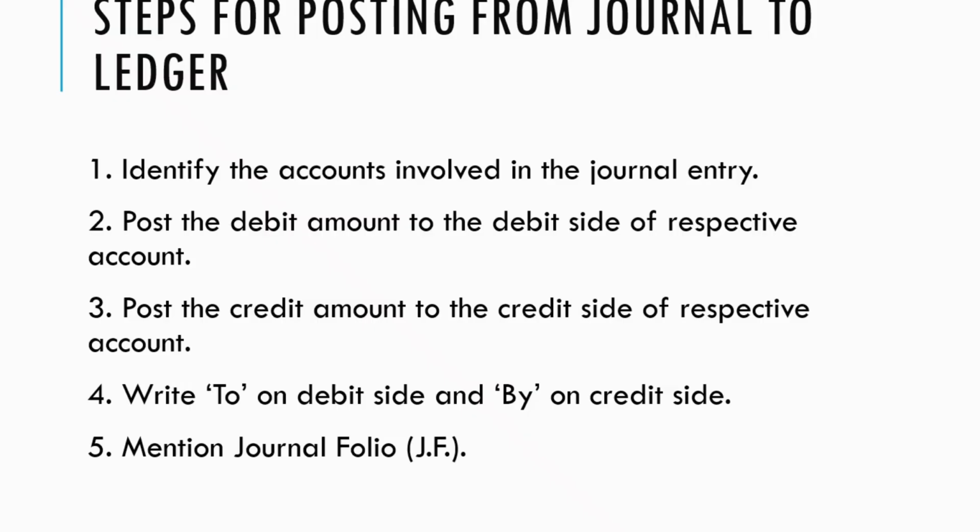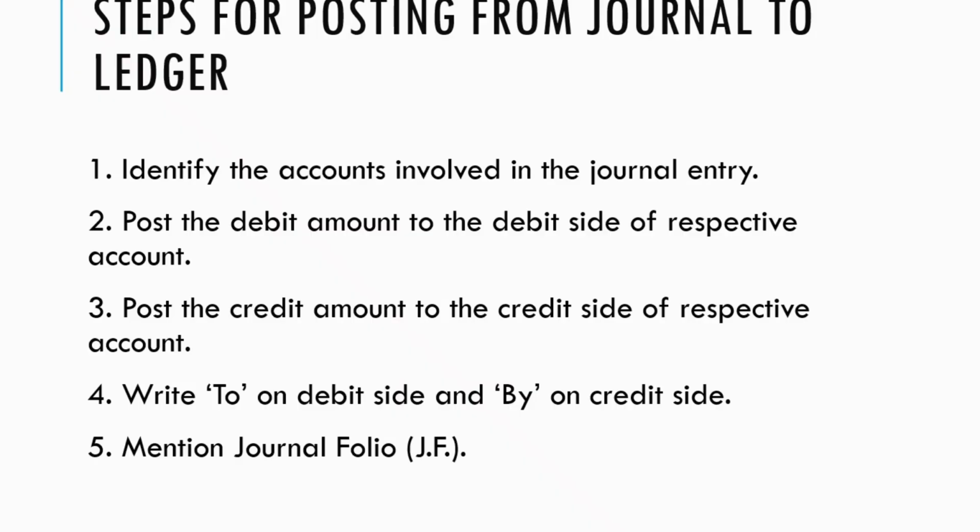Now, what are the steps to post entries from journal to ledger? Again, journal is the primary book of account and ledger is the final book of accounts. So we are going to transfer our transactions from journal entry to ledger accounts. First step is to identify the accounts involved in the journal entry. In the last class, we discussed which two accounts are involved while preparing the journal entry.